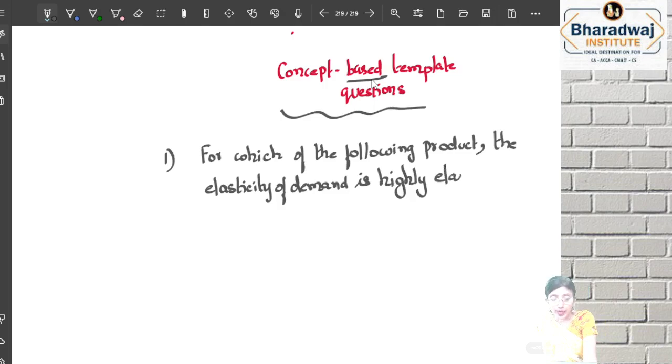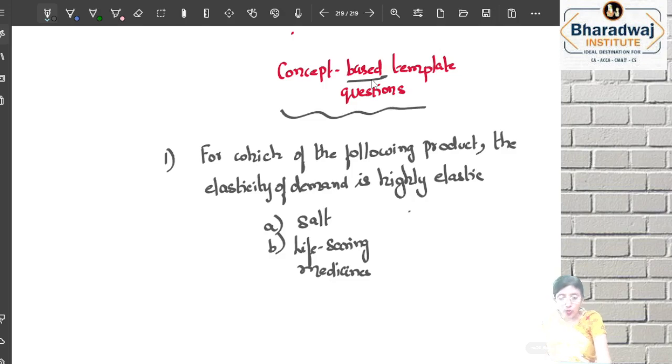As an empirical part, I'm going to give you the names of the products themselves. Option A, salt. B, life-saving medicines. Option C, water. Option D, jewelry.